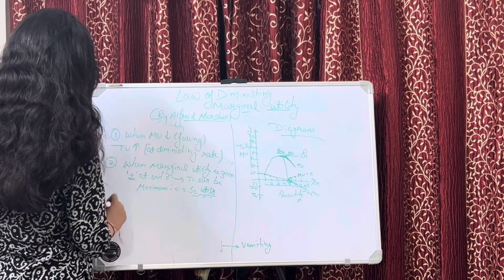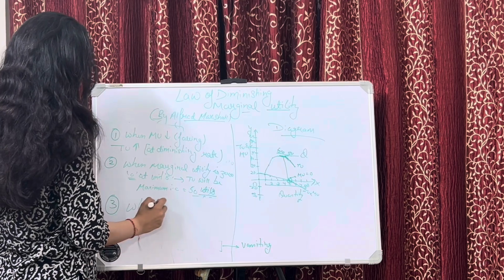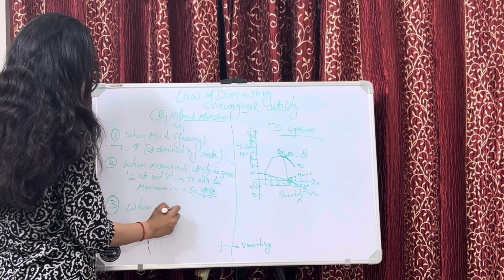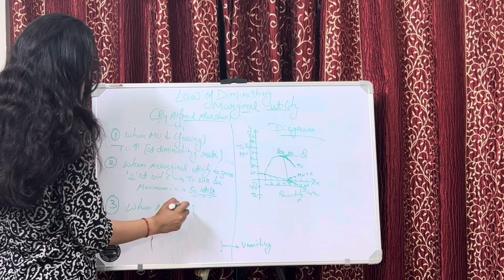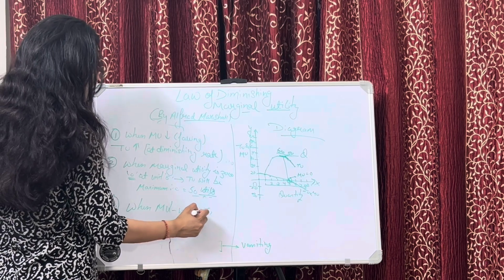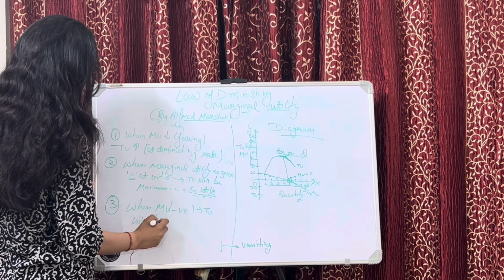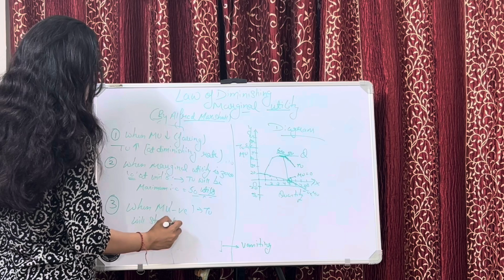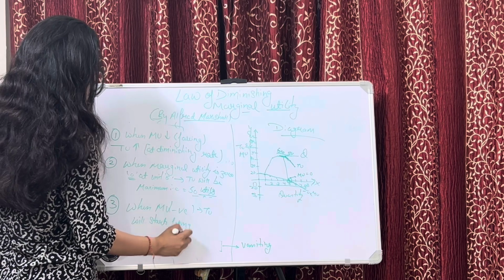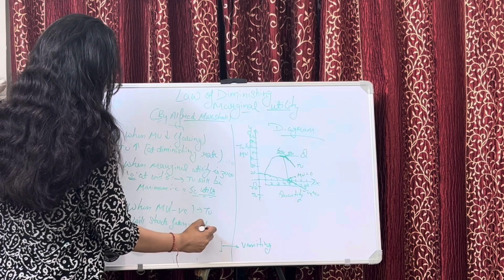And the third point, I would say, when marginal utility becomes negative, total utility will fall, or I would say decrease.